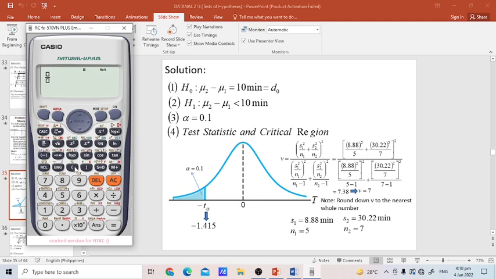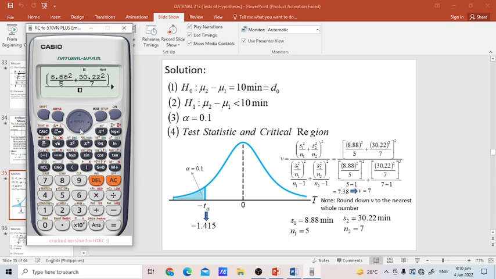So we have 8.88 squared, all over 5, plus 30.22 squared over 7, then squared.